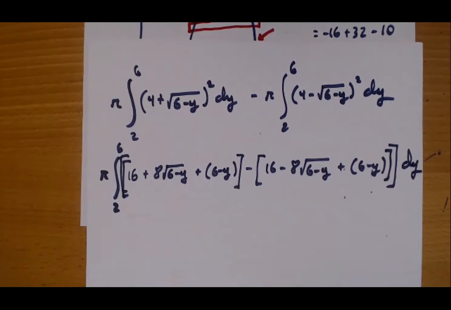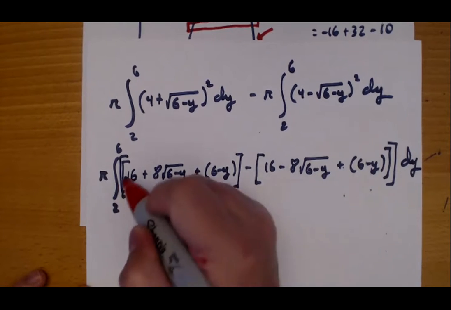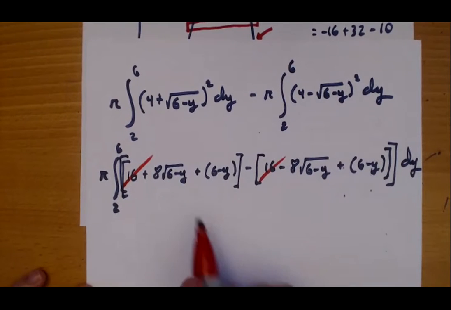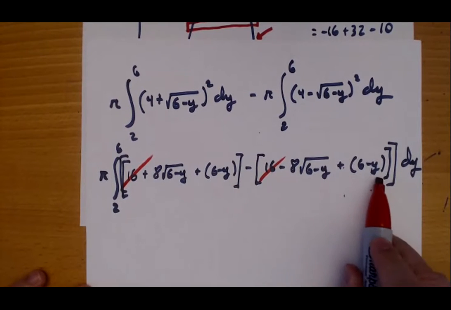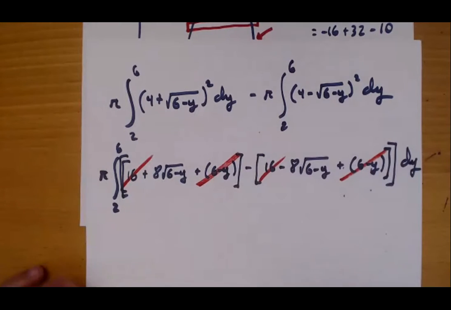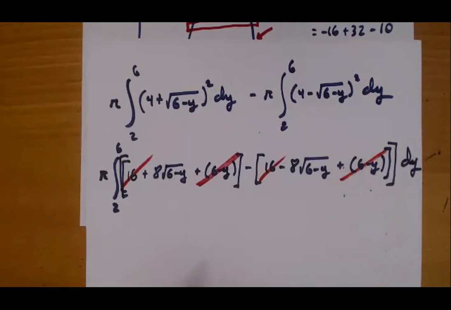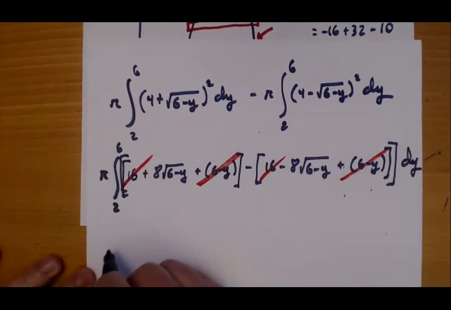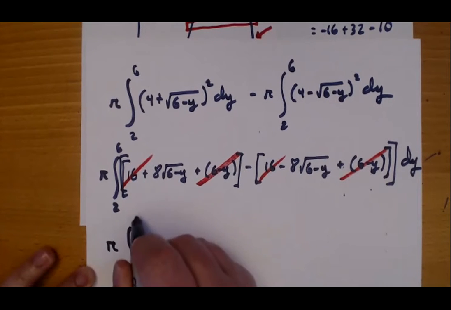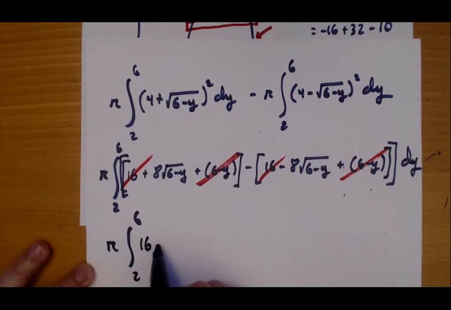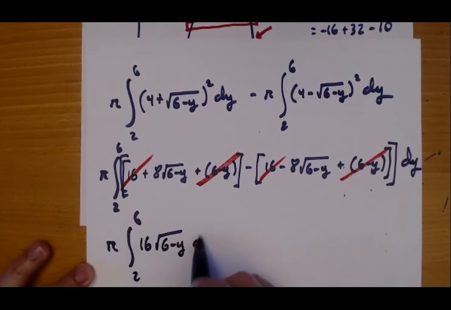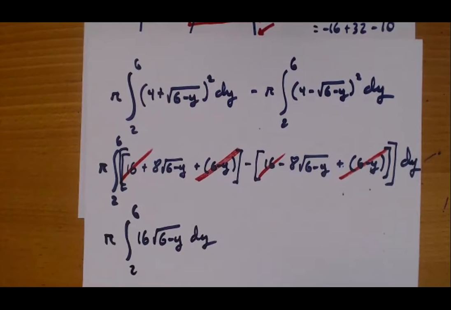Now, looking at this, you'll see immediately that a number of things start to cancel out. The 16 minus 16 is gone. The plus 6y minus plus 6y is gone. But these two, since I've got a negative and a negative, are going to combine. And now we have a much nicer integral.